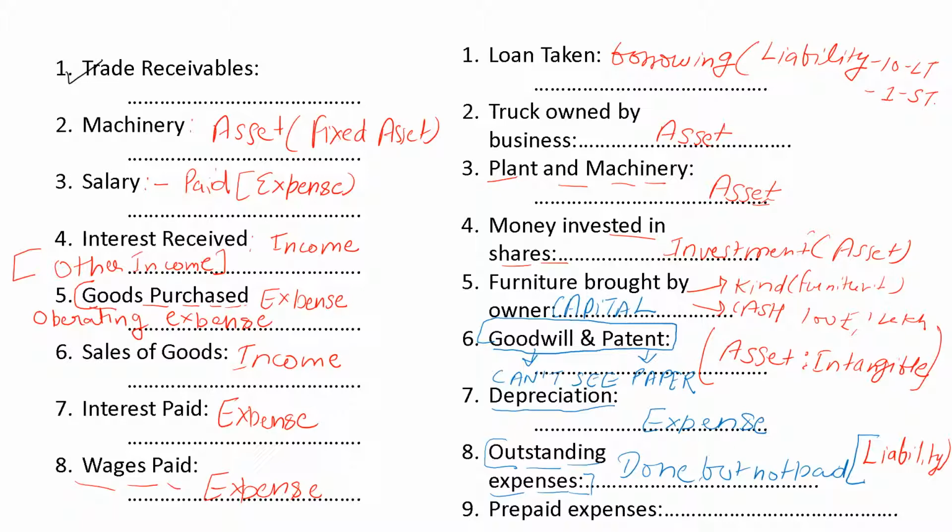And prepaid expenses are those expenses which we have paid but not incurred. So this is an asset for the business because there is some benefit that we can accrue, and for that we have paid in advance. For example, a prepaid mobile recharge. This is also an asset for the business, and this is a current asset.